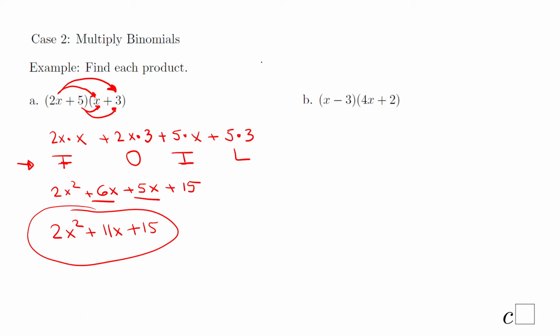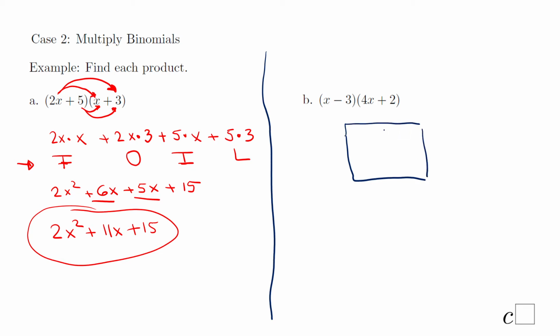We have a second example here. I'm not going to use FOIL here, but you can use FOIL, just be careful with the negative. I'm going to use the generic rectangle. Since we have two binomials, this generic rectangle should be more like a square. You see I have two columns and two rows, because we have x minus 3 here and 4x plus 2 here.